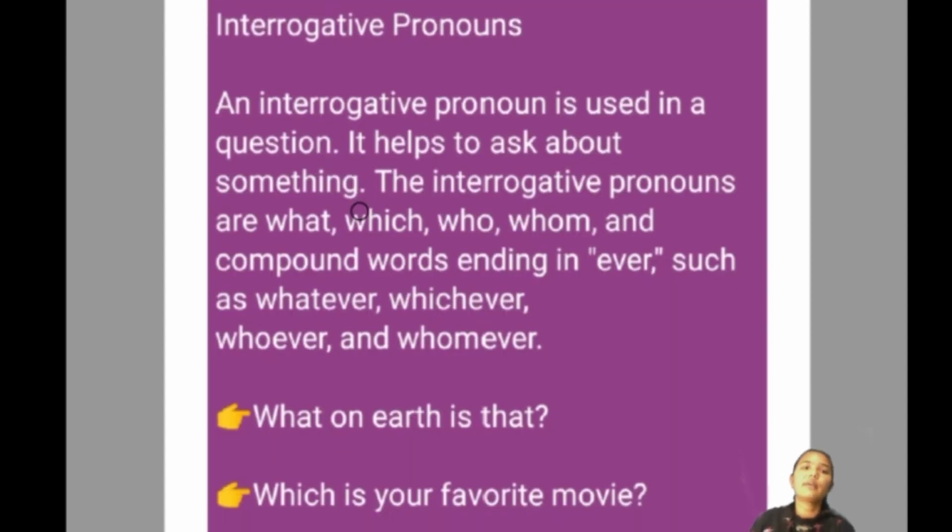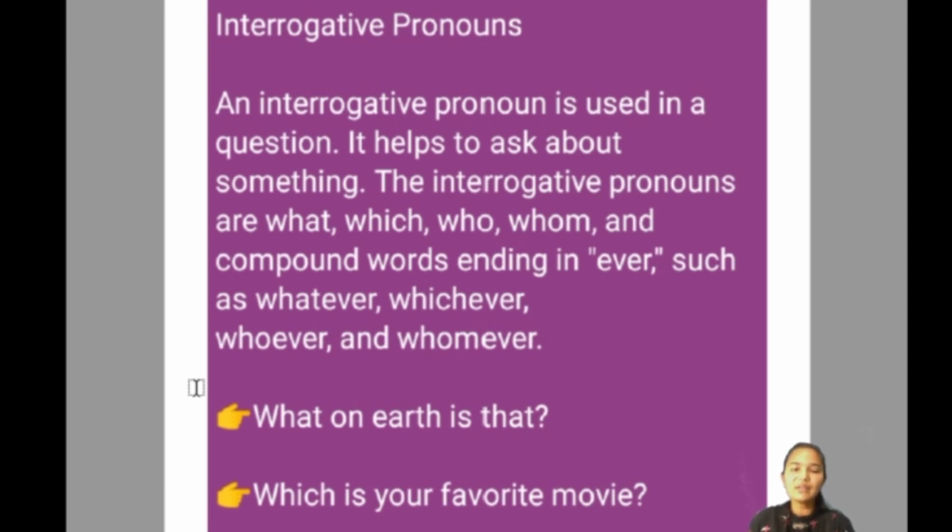Now what is next? That is interrogative pronoun. We know very well about the word interrogative, that is, to question something. When we have to question, then we generally use this word, right? Interrogative, interrogation, that is to question. An interrogative pronoun is used in a question. It helps to ask about something.